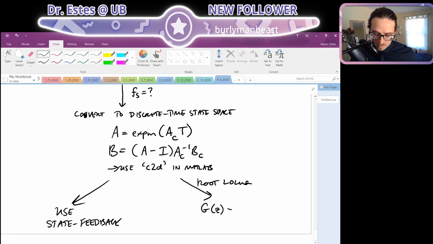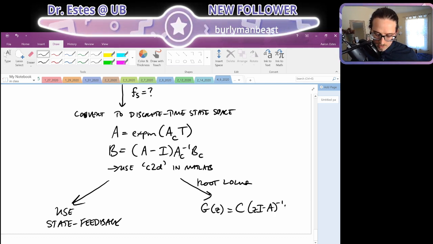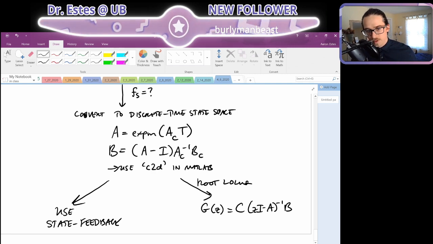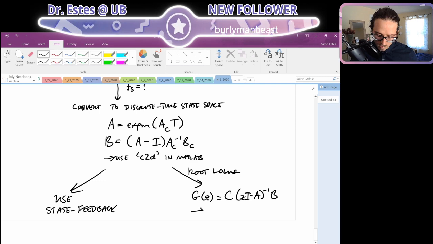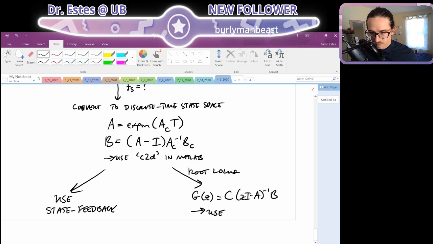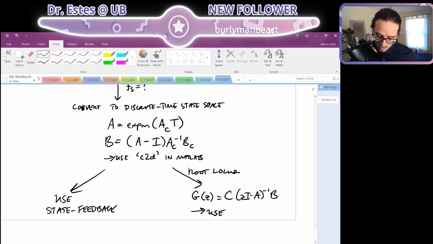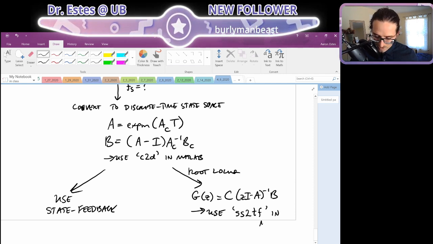This is how you get it: C, zI minus A to the minus 1 times B. And I'm assuming the D matrix is 0 here. But it's much easier to use the command state space to transfer function in Matlab to do this.